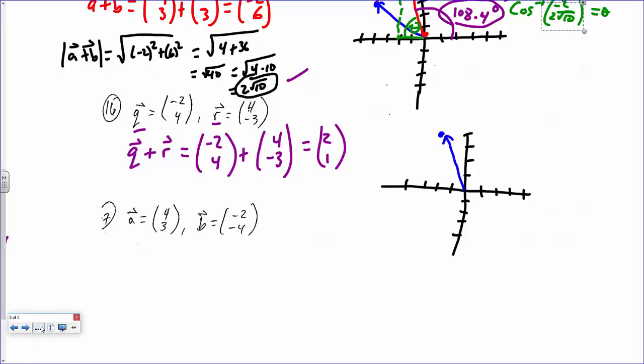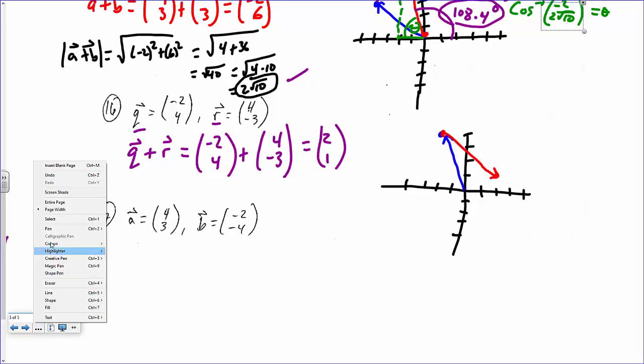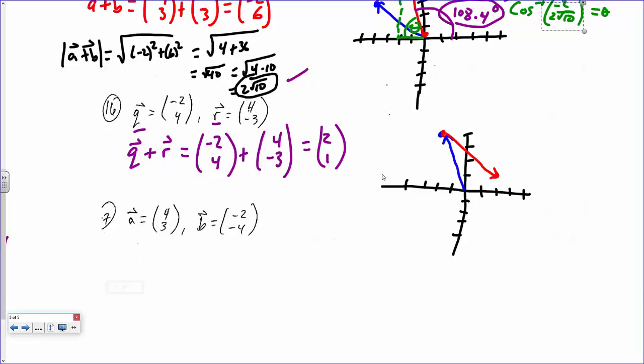Next vector will be 4, negative 3. So I'll go over from here to the right 4, 1, 2, 3, 4, and then down 3, which will put me right here. And then I'll get the resultant vector, which is from here to here. As you can see, it's 2 and 1. So I go over 2 to the right and up 1. That's what should have happened, and that's what did happen.